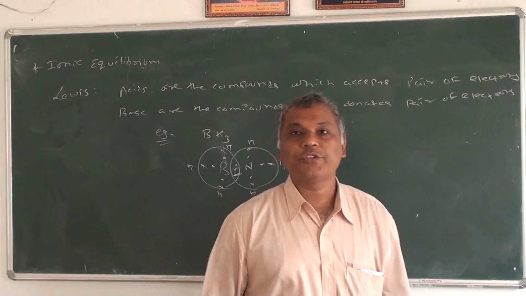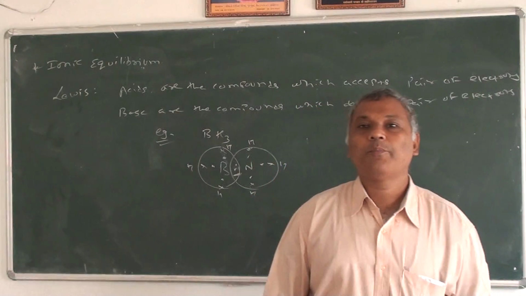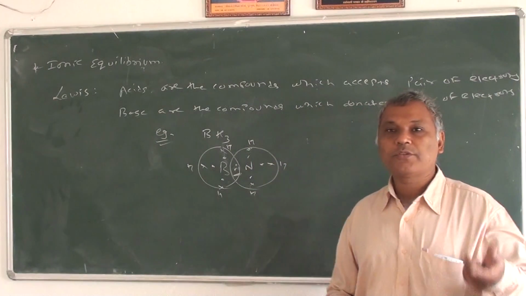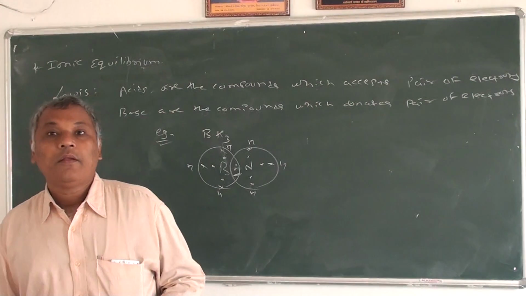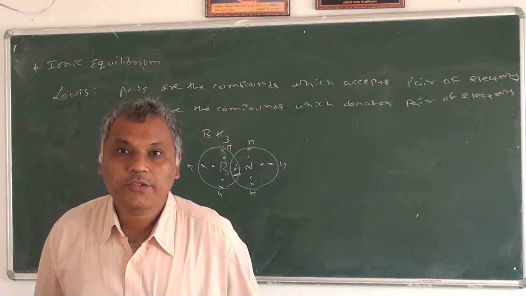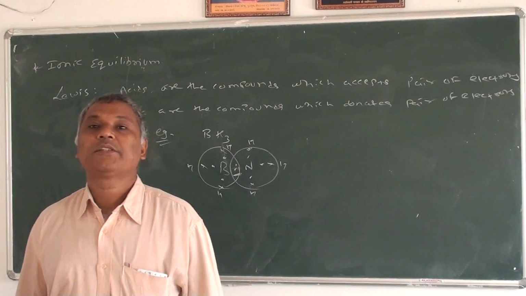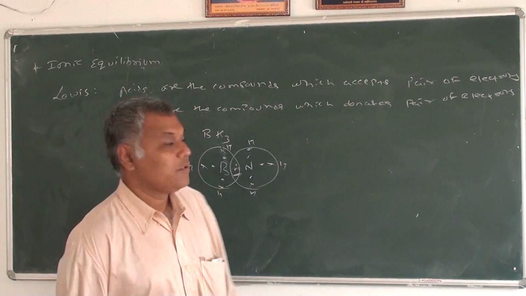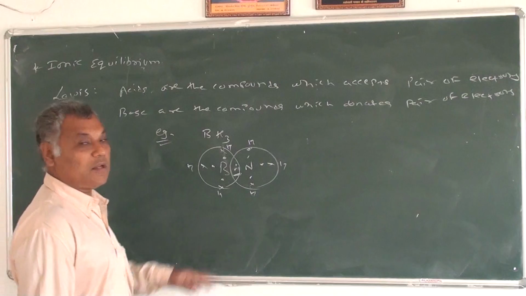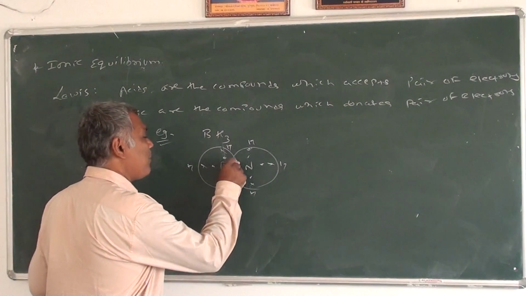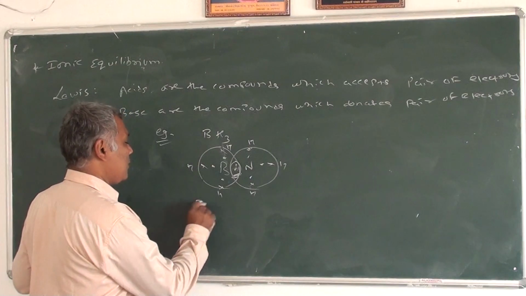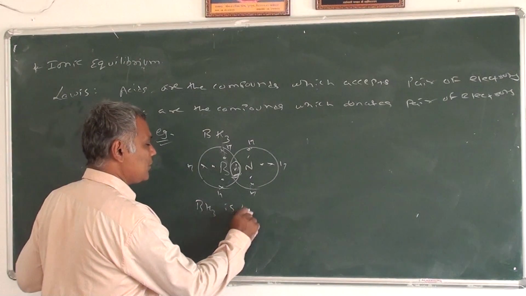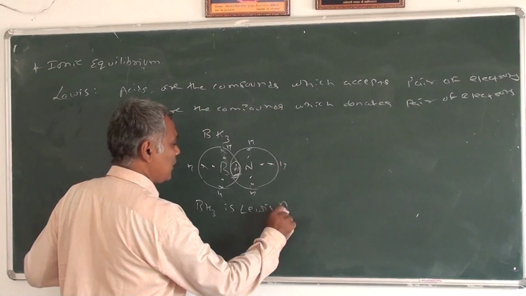So the component which donated a pair of electrons was the base. We know NH3 was also a base according to Lowry. But BF3, according to Lowry or Arrhenius or Robert Boyle, it was difficult to answer whether it's an acid or a base. So to overcome that, now we have it gaining a pair of electrons, and therefore BF3 is a Lewis acid.